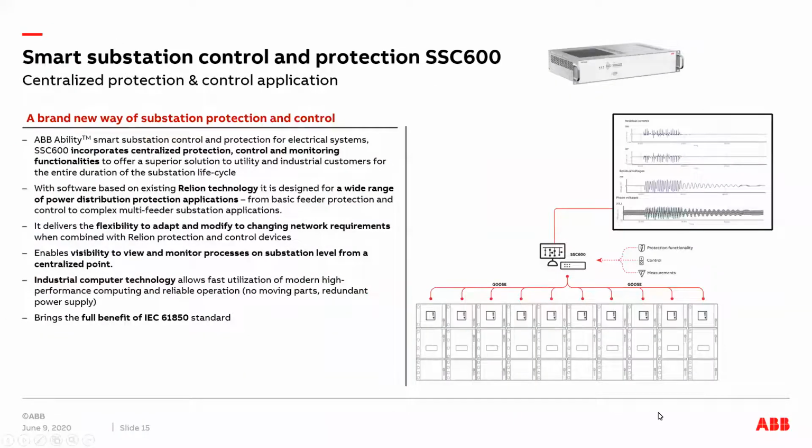Okay, so the next product we have is the SSC 600, which is a smart substation control and protection. It is otherwise known as a centralized protection and control. It's a brand new way of substation protection and control, where it incorporates centralized protection, control, and monitoring functionality, which means you have one device which can protect up to 20 bays, or 20 feeders.